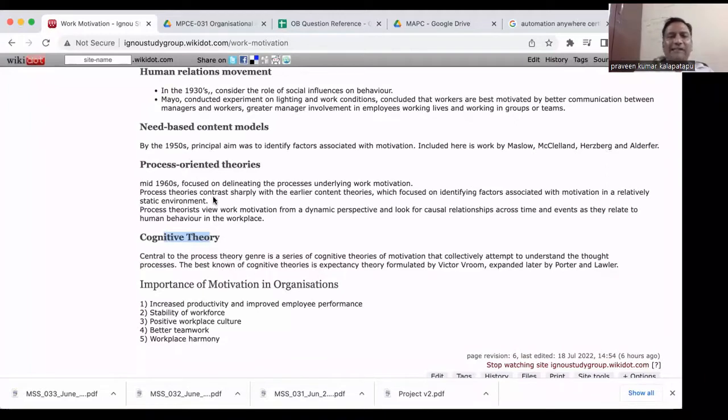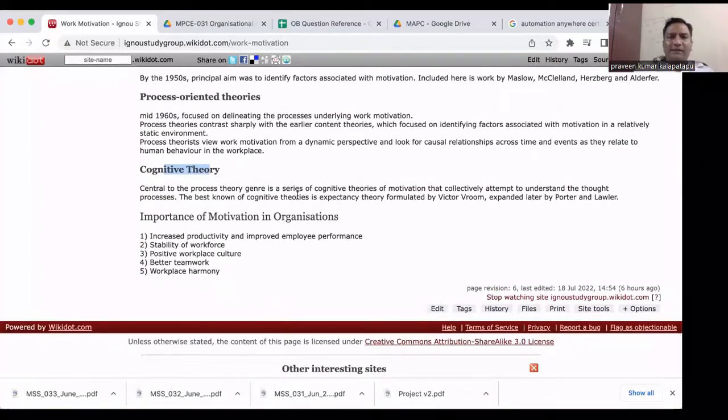So you can say this is a basis for the process theories. Cognitive theory forms the basis for the process theory, and all these process theories can be classified as cognitive theory as well. So that is about the types of theory.